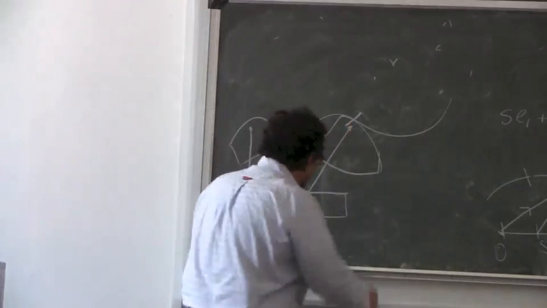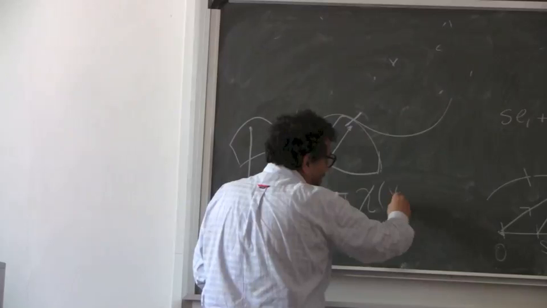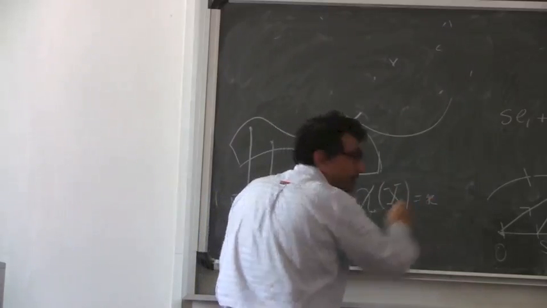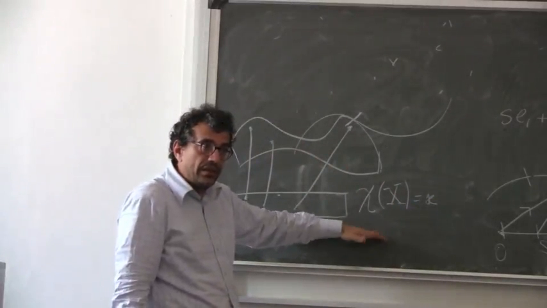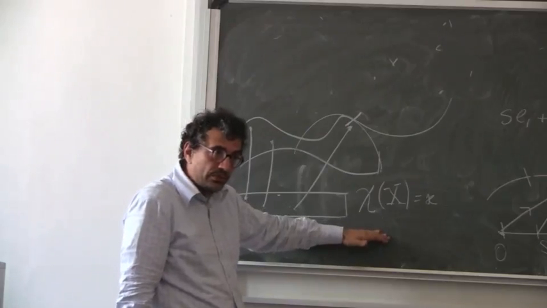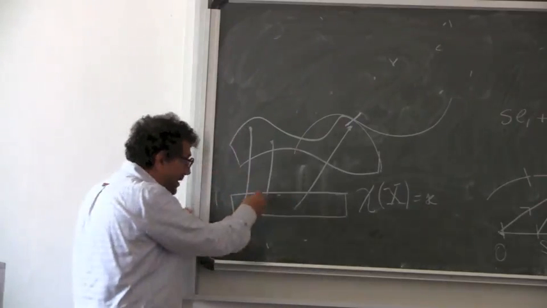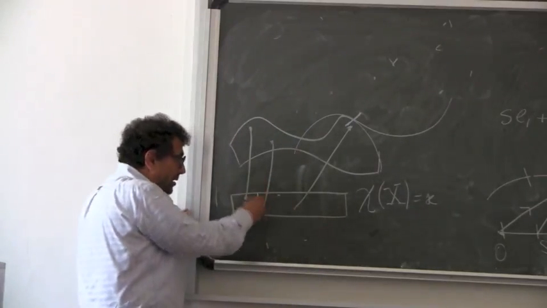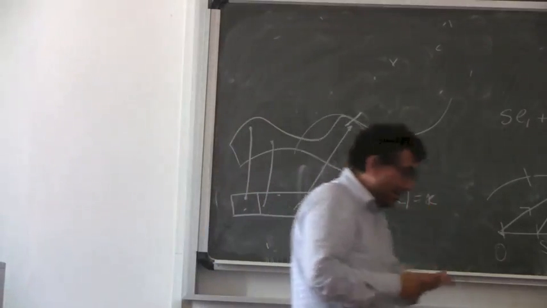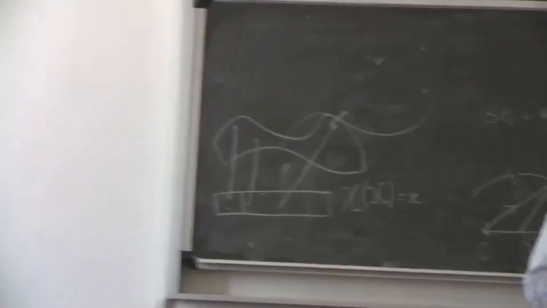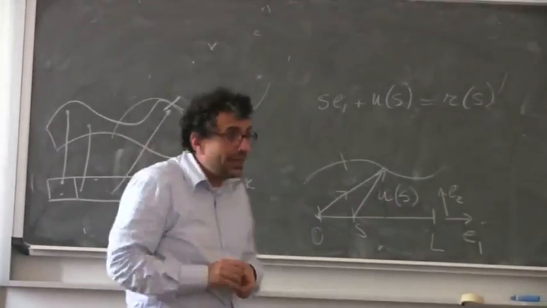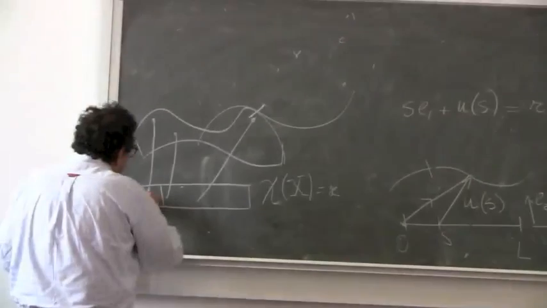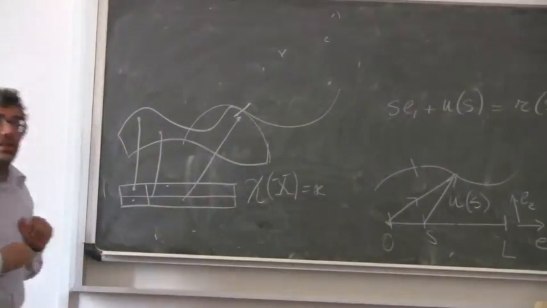So instead of giving the function chi of capital X equal small x, which is the complete kinematics in a three-dimensional continuum, if you assume that every section is always keeping its own shape, you can reconstruct the actual shape of your body simply knowing where the points of the mean curve are placed. Okay?